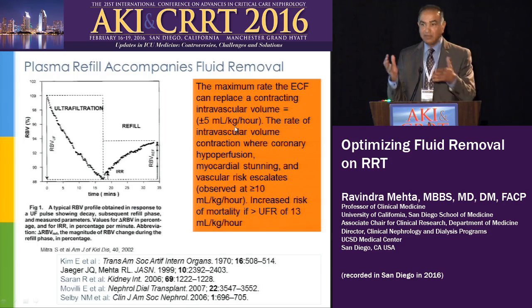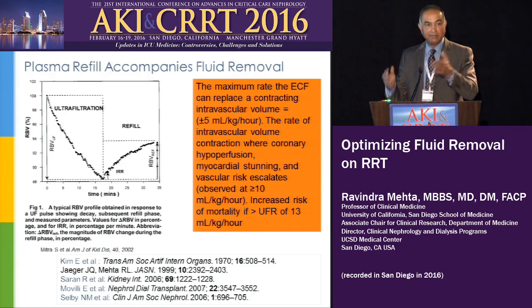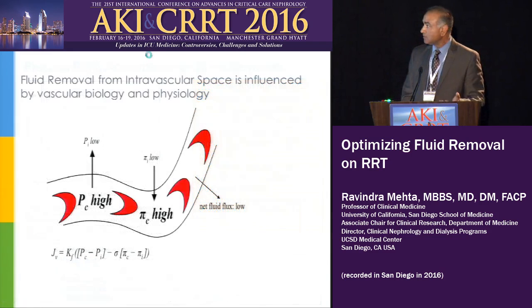So when you've got a refill rate of 5 mLs per kilogram per hour and you're trying to pull off at 10 mLs per kilogram per hour, you're going to periodically have much more episodes of hypotension. That sets you up right at that setting.